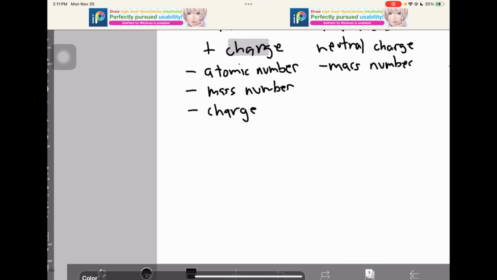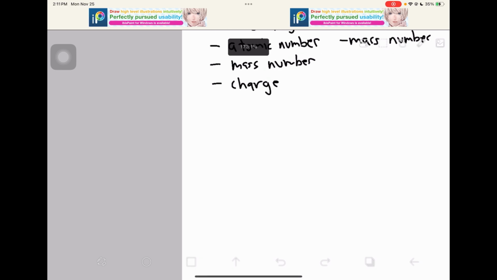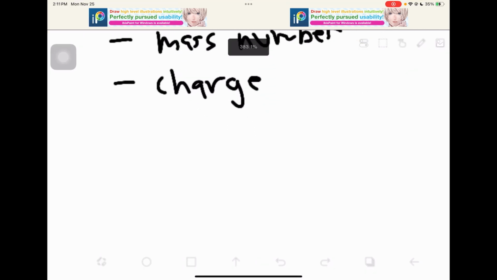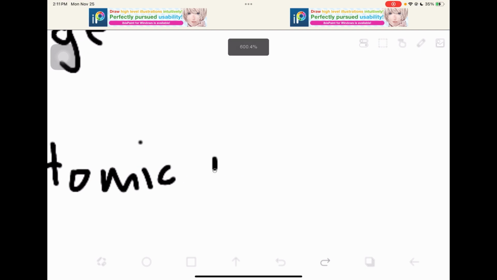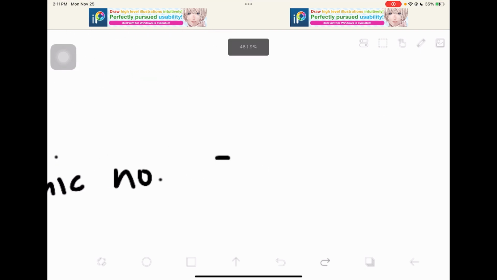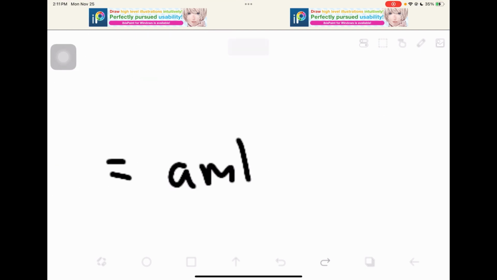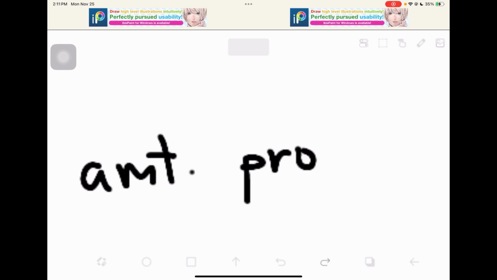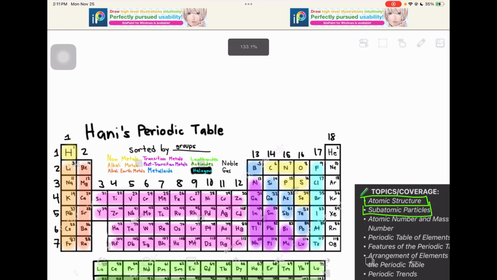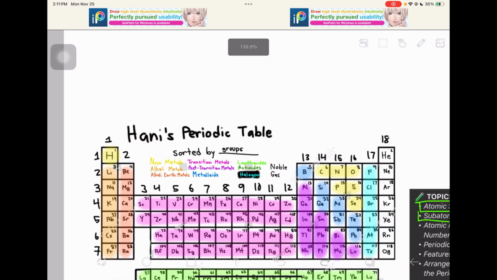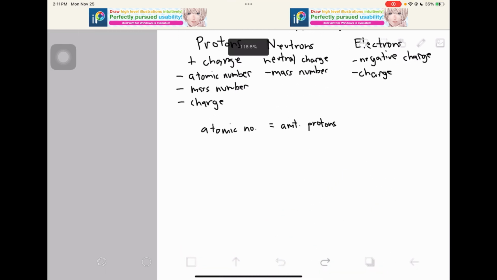Now, to ease the relationship between atomic number and the subatomic particles, assuming a neutral atom, the atomic number is equal to the amount of protons. So yep, this means that helium has 2 protons, lithium has 3 protons, so on and so forth.